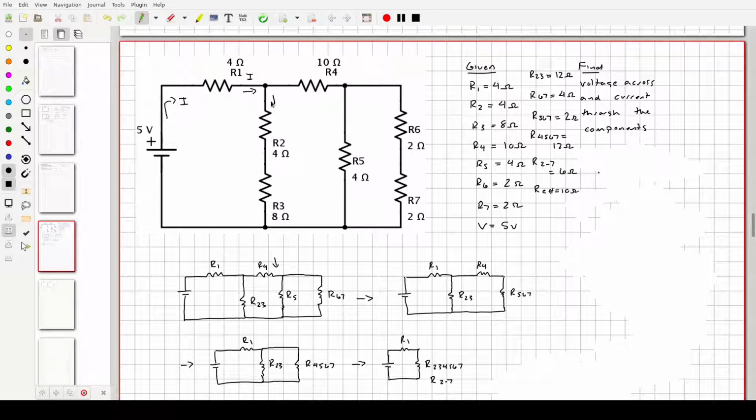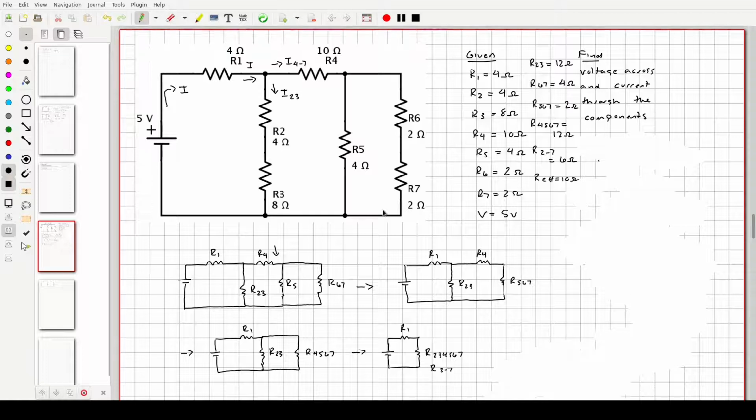So I'm going to call the part of the I that goes this way I2,3, because it's going through 2 and 3. And I'm going to call the part of the I that goes this way I4 through 7, because that's going to end up going through all this stuff over here in some way.